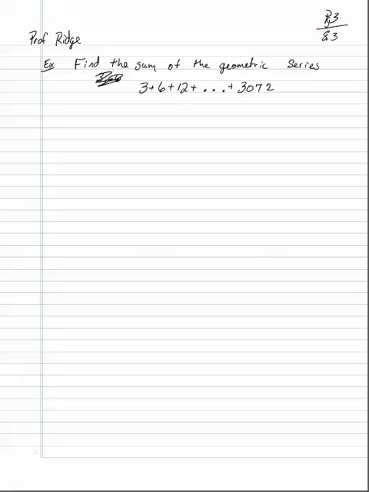Okay, so let's find the sum of the geometric series 3 plus 6 plus 12 plus ... plus 3072. Again, for the formula for a series, S sub n is equal to A sub 1 times 1 minus R to the n, over 1 minus R. Now, we know that A sub 1 is 3.